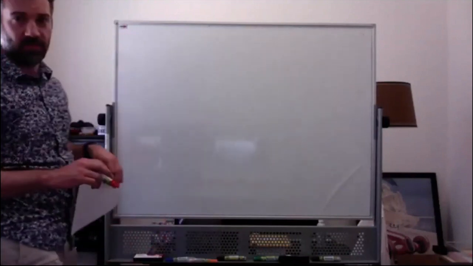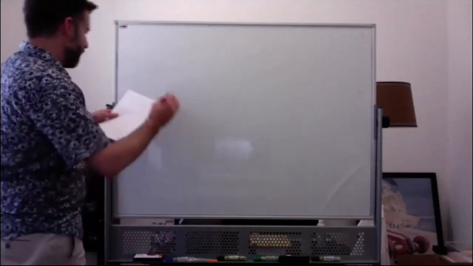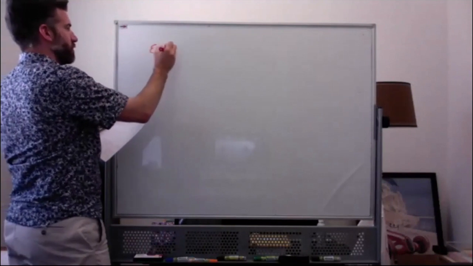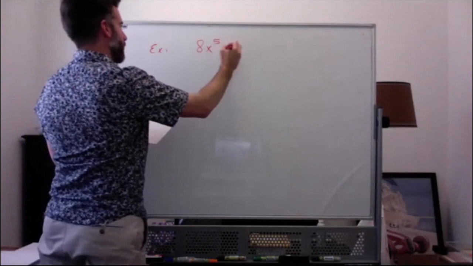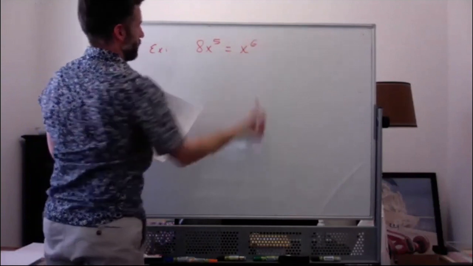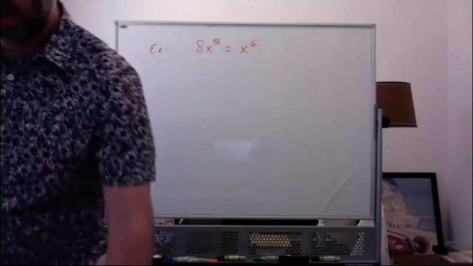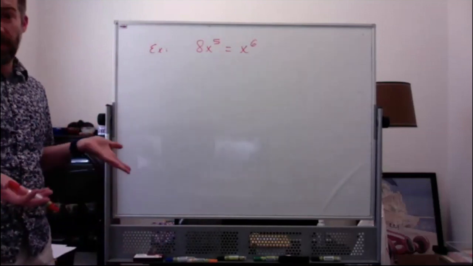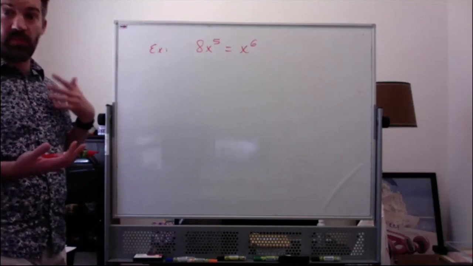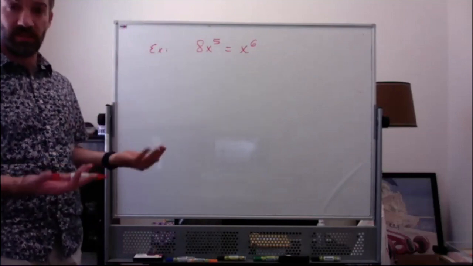Yeah, that's next year. Okay, a lot of these equations are going to have some x equal to 0 solutions. For example, 8x to the 5th equal to x to the 6th. If it were me solving this, I would bring everything to the right-hand side, because that's the side with the bigger power of x, where it's going to have a positive coefficient.